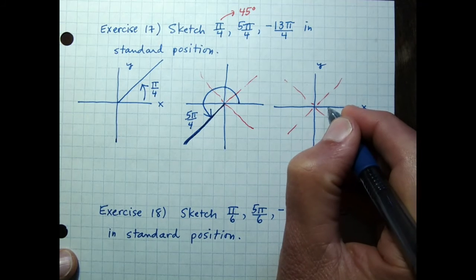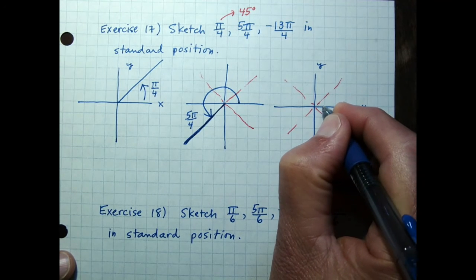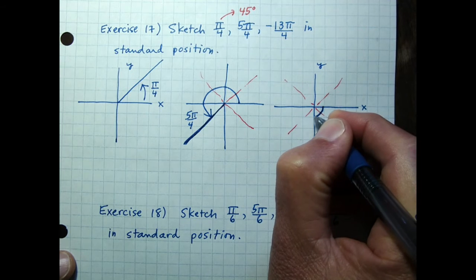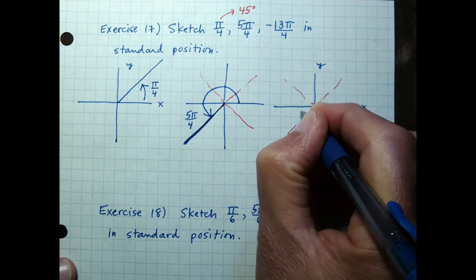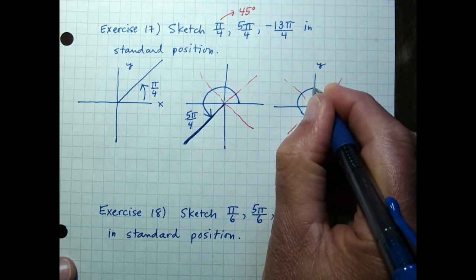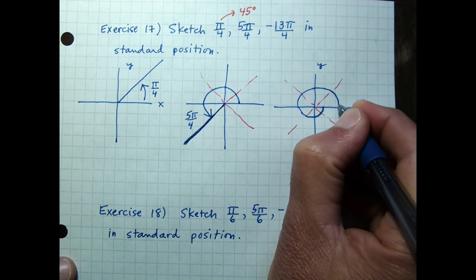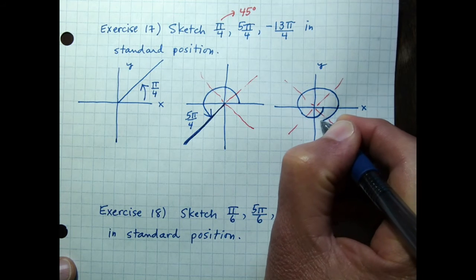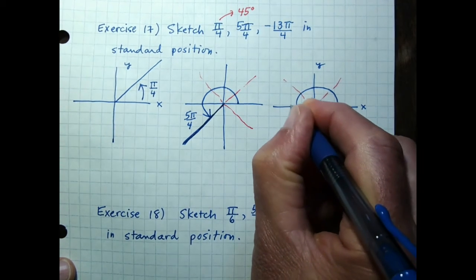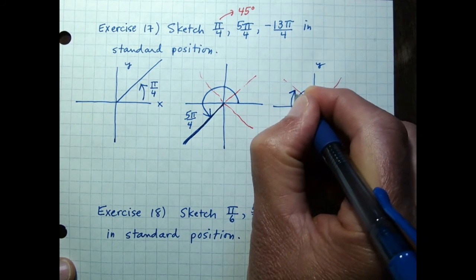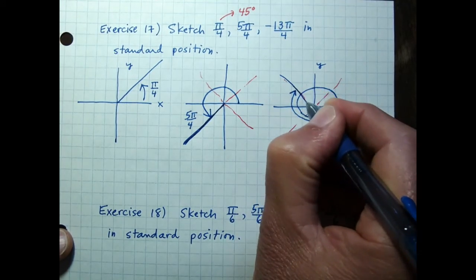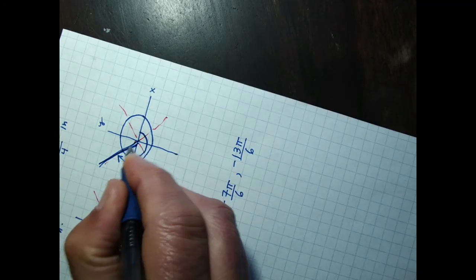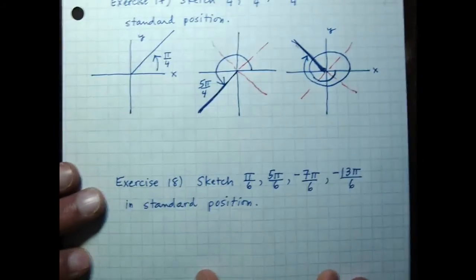And now I have to go in a negative direction. So I'm going to go clockwise, negative 1 pi over 4, negative 2 pi over 4, negative 3, 4, 5, 6, 7, 8 has taken me full circle, negative 8 pi over 4, 9, 10, 11, 12, there's negative 13 pi over 4. Terminal side is in the second quadrant, sorry.